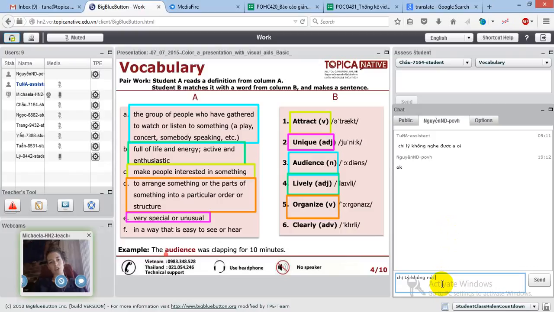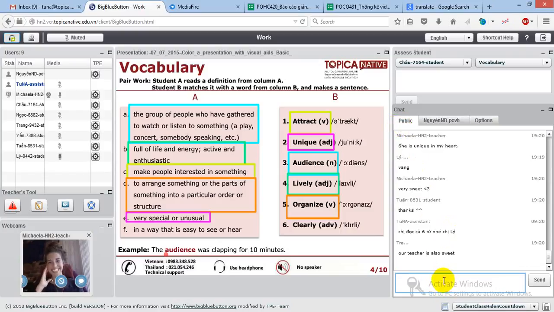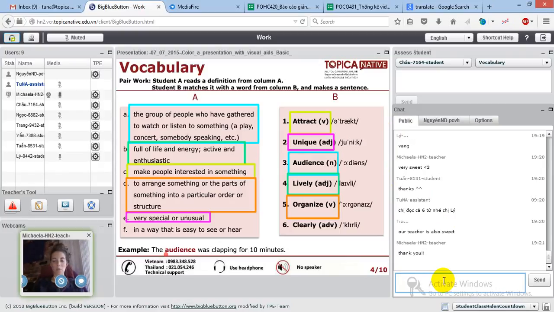Okay, can you try? Oh, yes, hello? Yes, attract. Unique. Out, yen, olive, green. Wonderful. And can you match F with the last word? So easy.